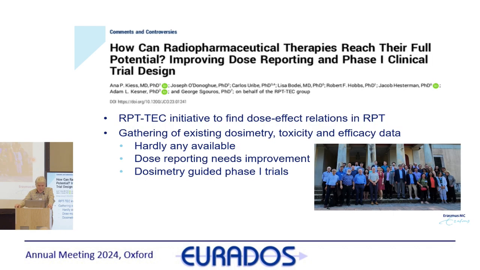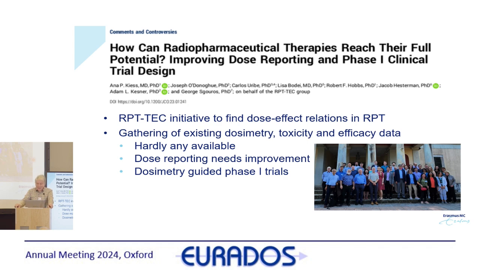And as well, we tried to improve our ideas. A group, the RPT Tech, came together with the idea to gather the existing dosimetry data together with toxicity and efficacy data on radiopharmaceutical therapies to come with a better knowledge on what dose effect curves we could expect.